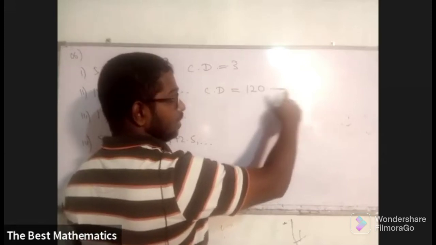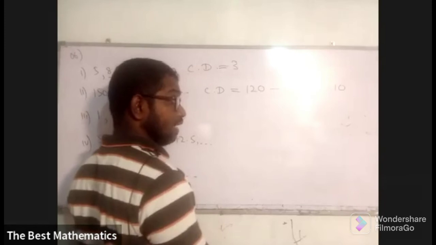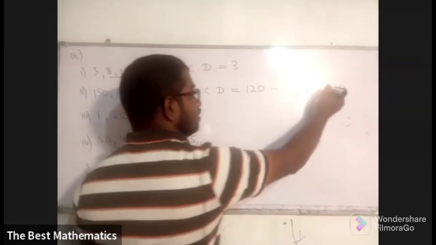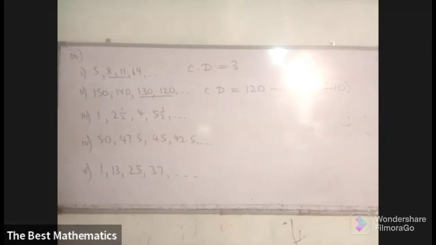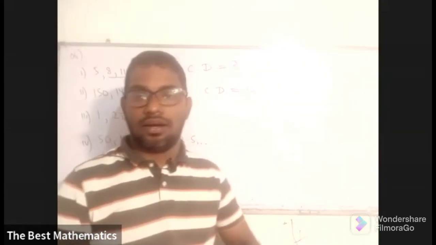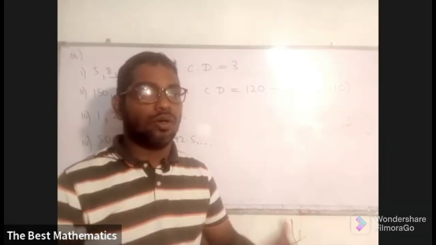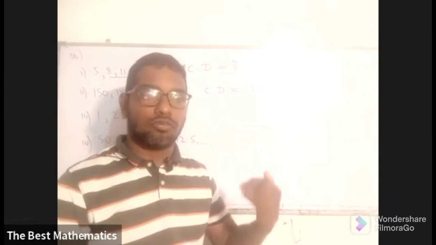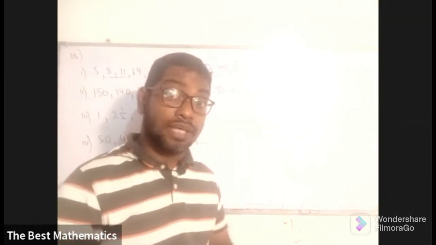Small one is 120, large one is 130. Then the difference is 10. Give the symbol of the large one, minus 10. Common difference is minus 10. Remember that the common difference may be a positive whole number, or a negative integer, or a fraction, or a decimal, or an algebraic term.